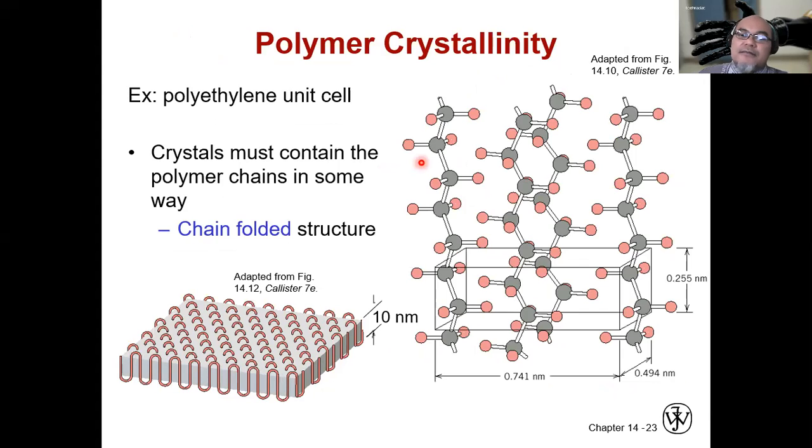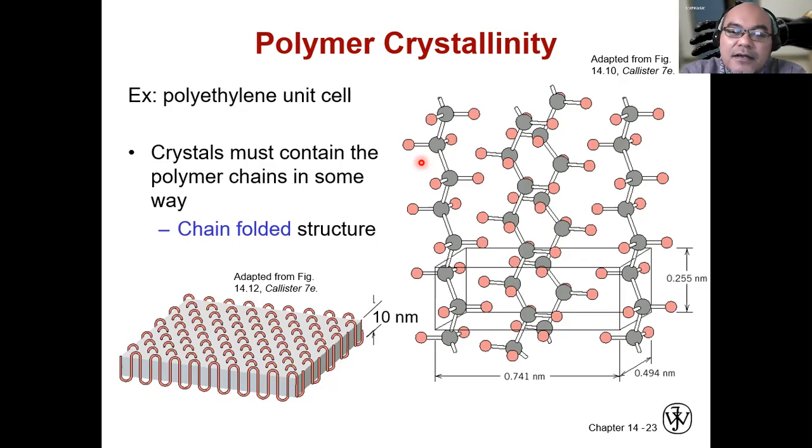And yeah, maybe this is a bit difficult to perceive, but polymers amazingly could also have crystallinity, could also have a crystalline structure similar to maybe metals or ceramics.